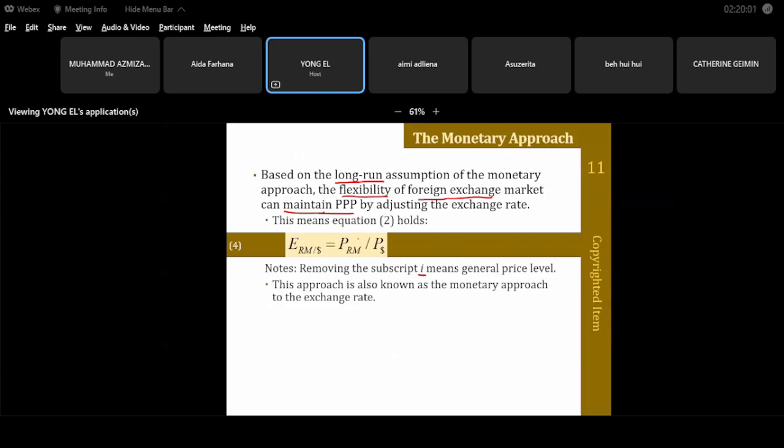It means these are the price levels. PRM is the general price level in Malaysia. P dollar is the general price level in the US. Even if you put I, it doesn't matter a lot. It is not wrong, but it is optional. If you want to put I, then you need to put some indication of what I is in your equation.